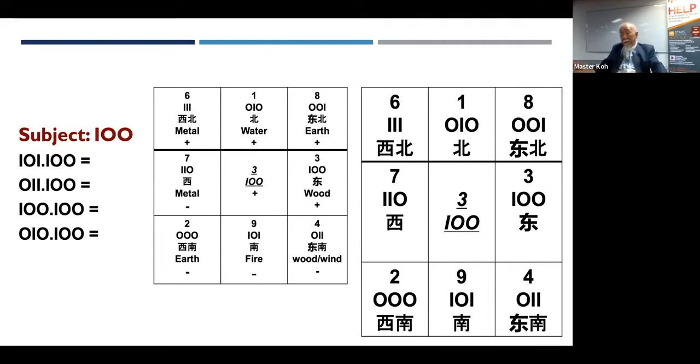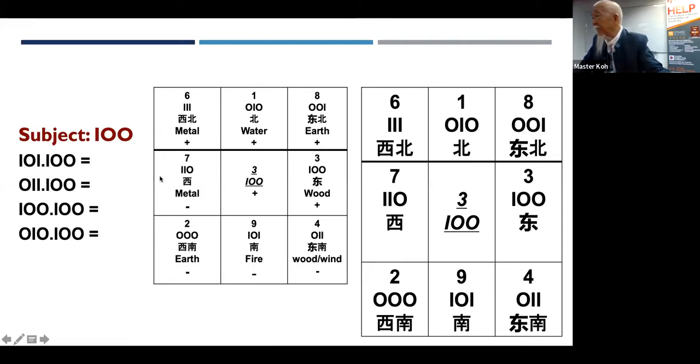Okay. Here you can see I actually put the plus and minus, the positive and negative. On this 9 magic square, there are 4 positive and 4 negative. Can you see that? Yes. The 4 negative are 2, 9, 4, and 7.